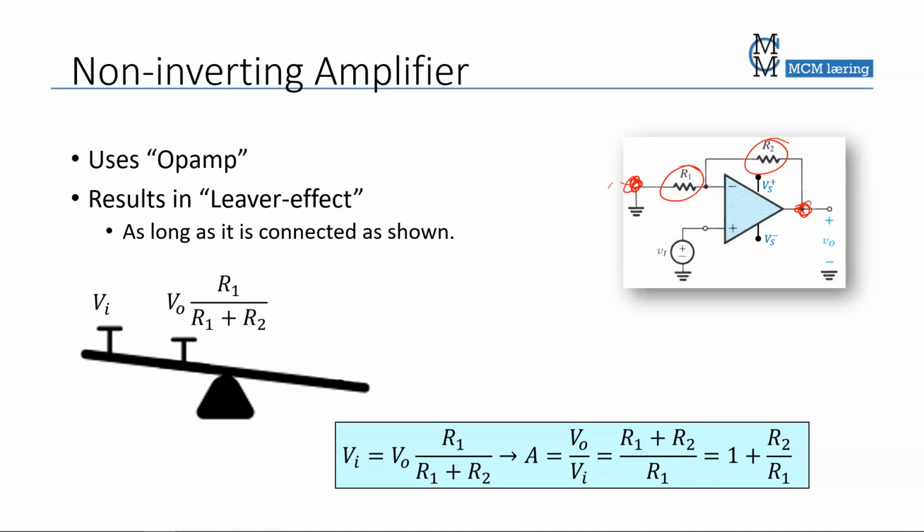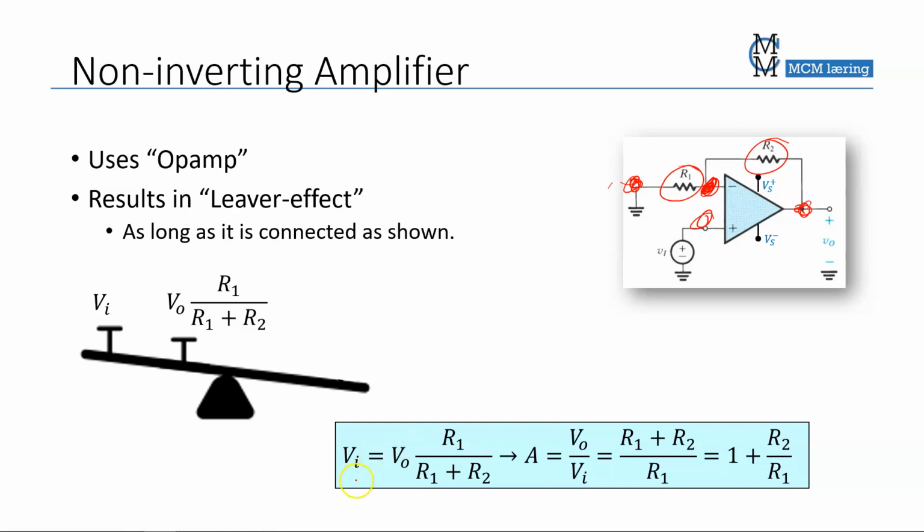So therefore you get this kind of lever effect where you have V in here, which will also mirror over here, and that will be the same as the voltage divider of V out. I will go through that very thoroughly in the classroom, but here just the end result is summed up.